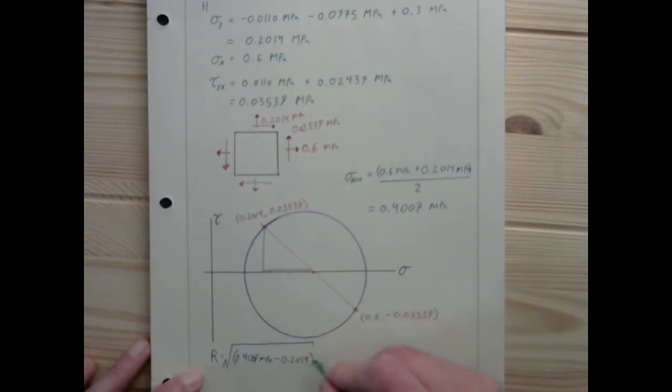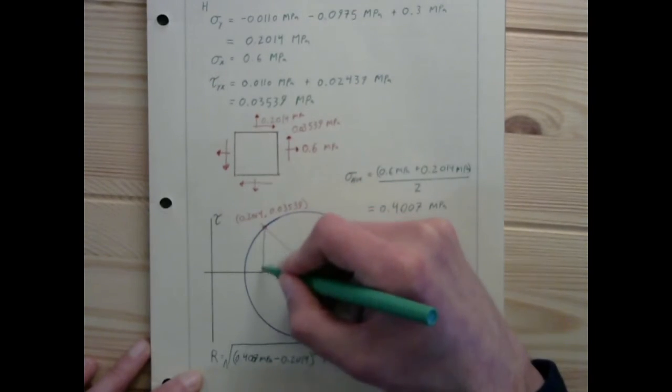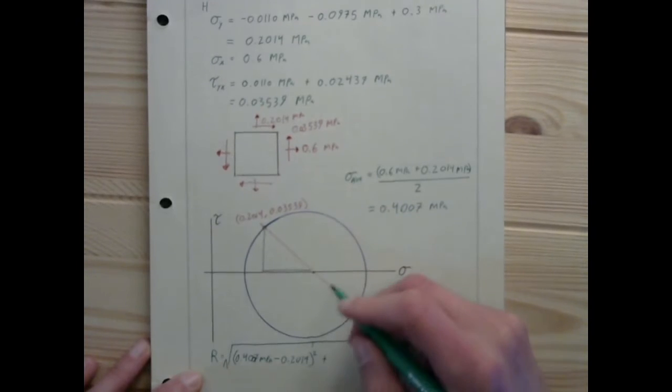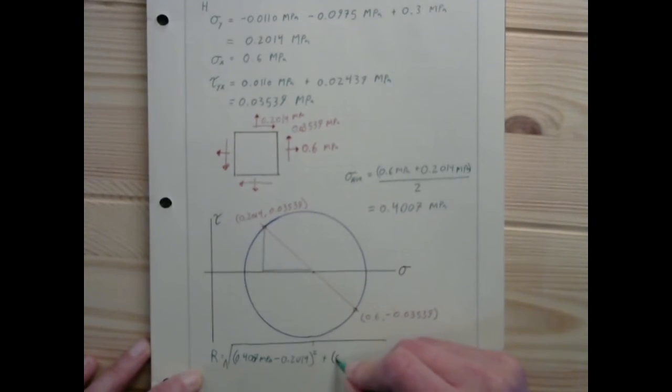That's that distance right there. Square it. Plus this distance, which is a lot easier to determine. It's 0.03539 megapascals. Square that.